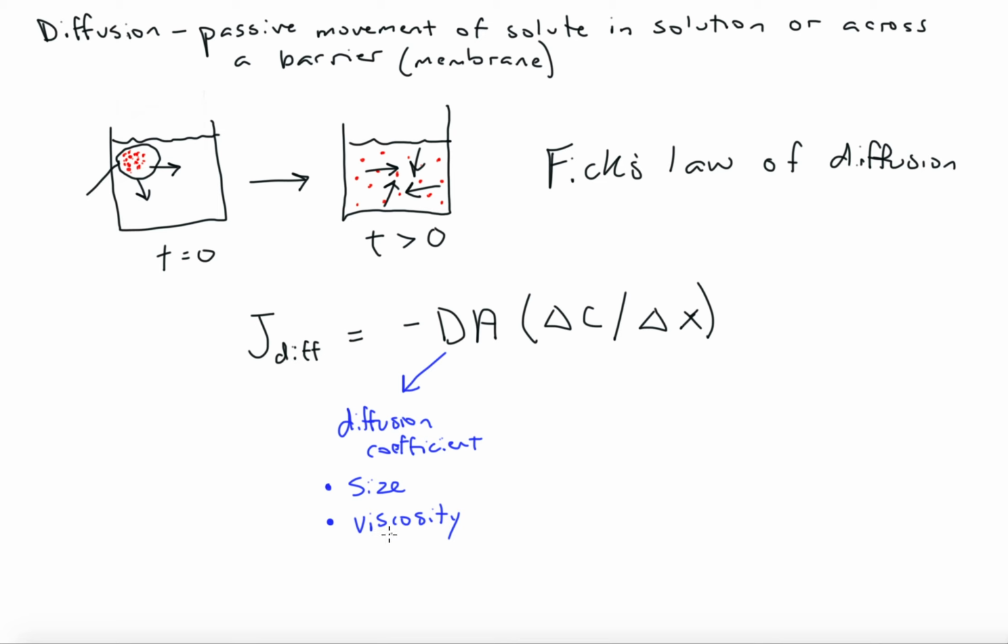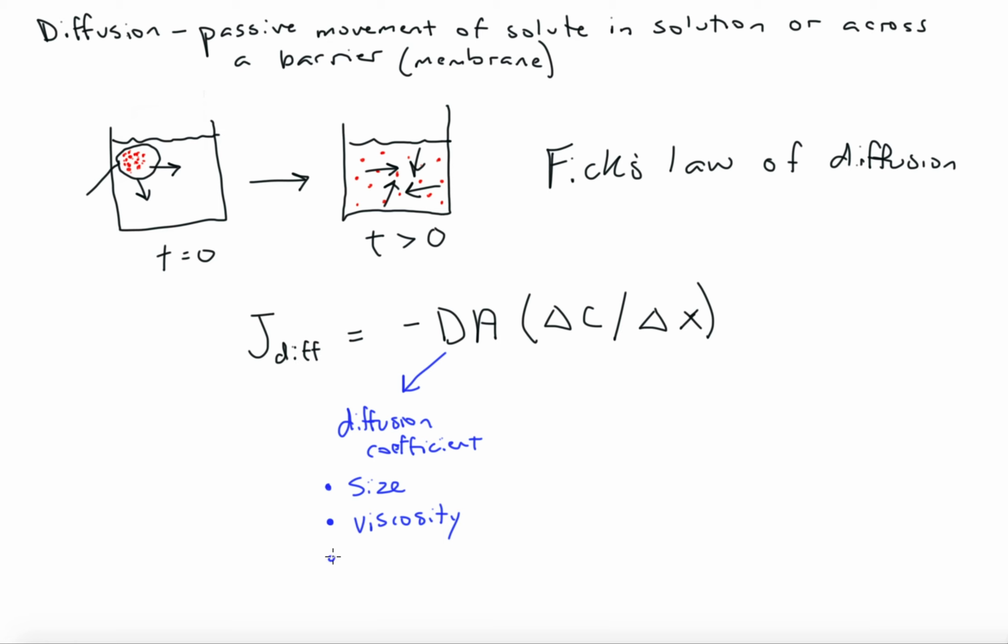And the more viscous it becomes, the more thick, if you will, the solution becomes, the harder it is for things to diffuse. And again, there's a fractional relationship within this. And so if viscosity goes up, then J diff goes down, and we're not showing you that within this. But just let's leave it as viscosity is a component of diffusion, and then let's just use logic. The more viscous a solution is, the slower the diffusion would become, right?